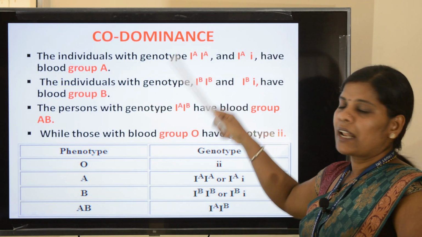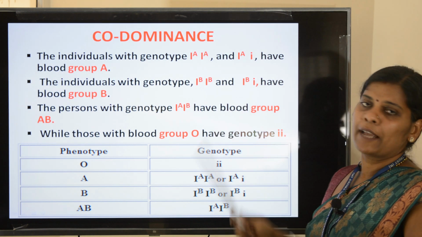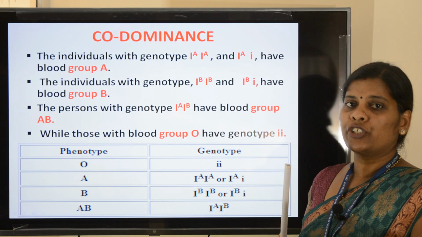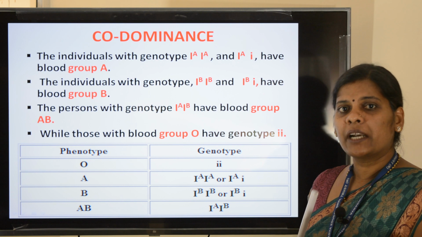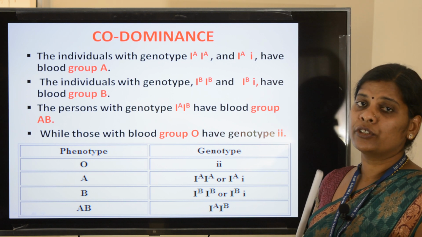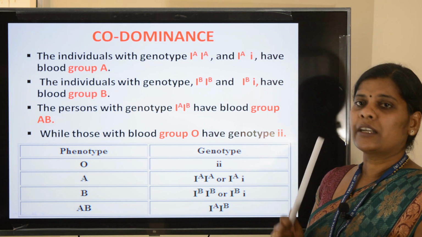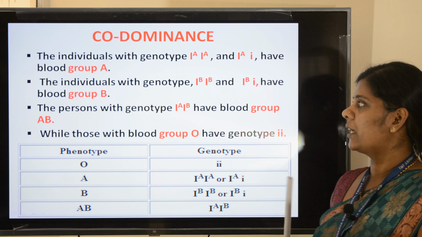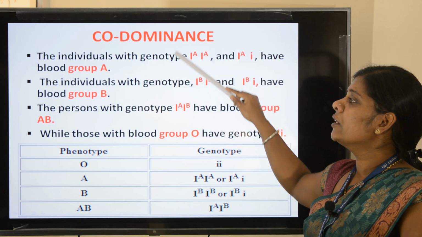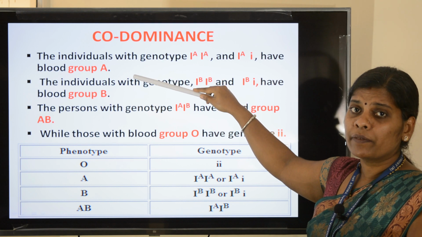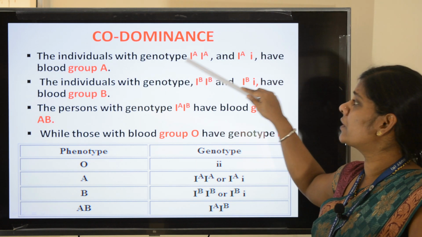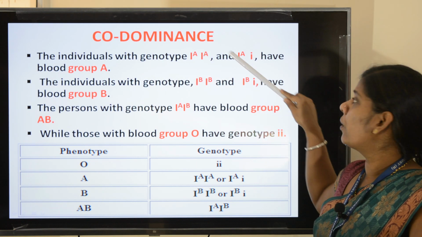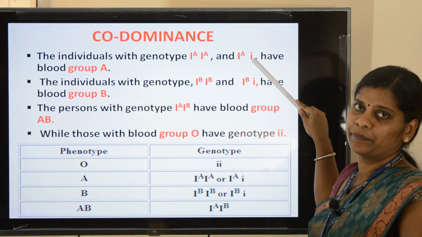Here in this slide we are going to discuss different types of genotype. What is genotype? Genotype is nothing but the genetic constitution of an individual, right? An individual with blood group A may possess IAIA or IAi alleles.